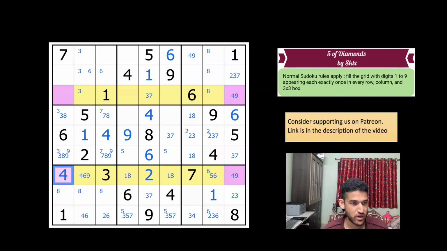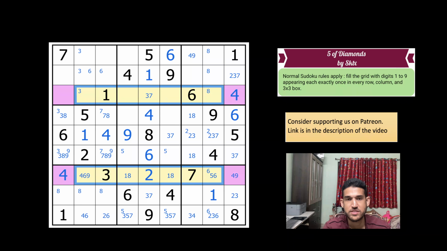It's either here or here, right? So if it doesn't go here, it has to go here. So now in column 9, 4 is eliminated here and 4 is forced here. So again the same yellow cells are eliminated as not being a 4. This is called an X-wing.